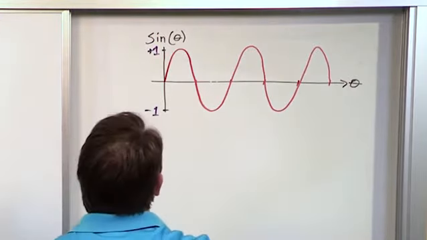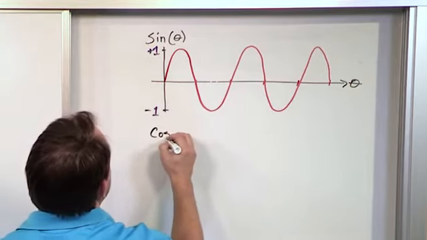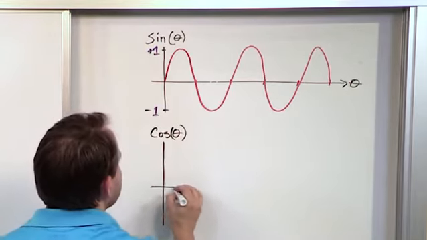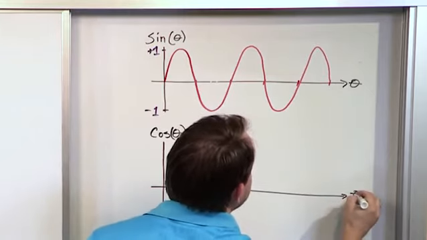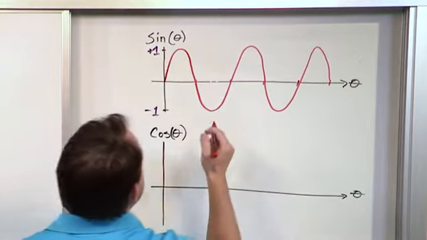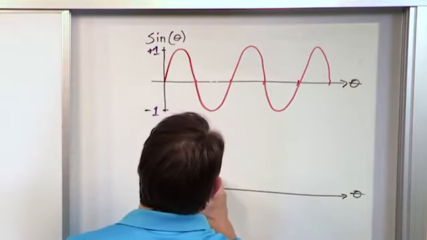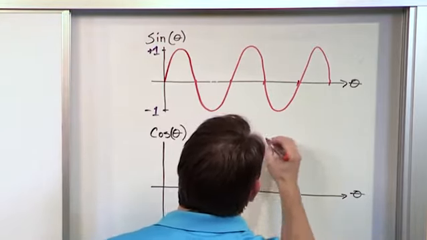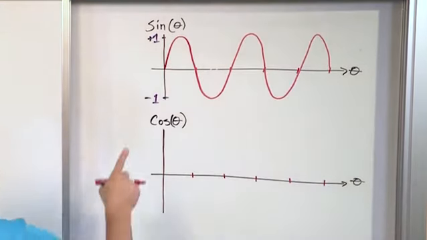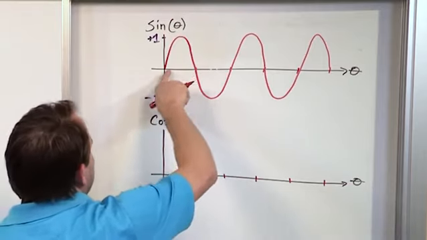Now, if we wanted to compare that with cosine of theta, it would look similar, but there's an important difference. And the reason I want to show you this, even though you probably already know this, a lot of you guys, is because it is going to be helpful for you later. So let me put my little marks here as best I can. I'm not trying to be too terribly exact. Cosines do not start at the origin.